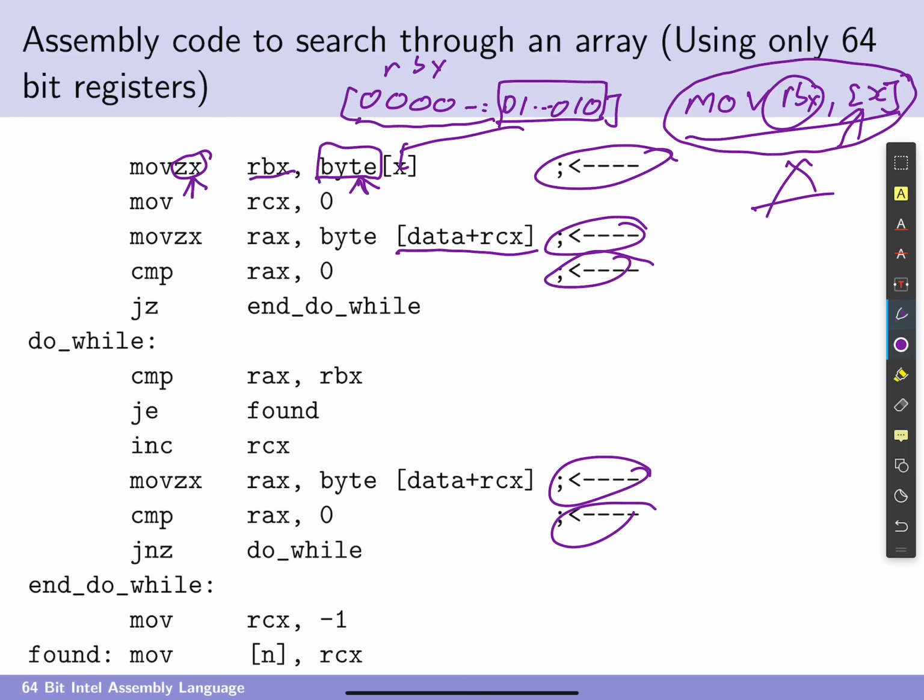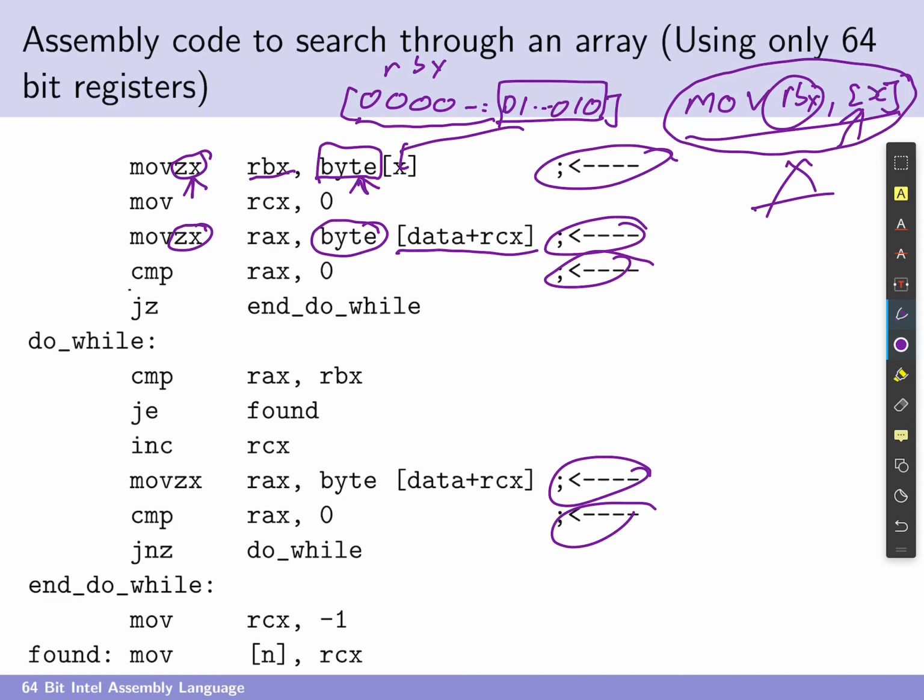And because I only want to load 1 byte, but into a 64-bit register, I specify a byte and I have to use 0 extend to make sure that the top order bits are 0. This means I'm definitely not loading more data than I intend. I'm only loading the 1 byte, but there's not random garbage on the top end of my register. So I can still work with RBX, or in this case RAX, without having to worry about anything.